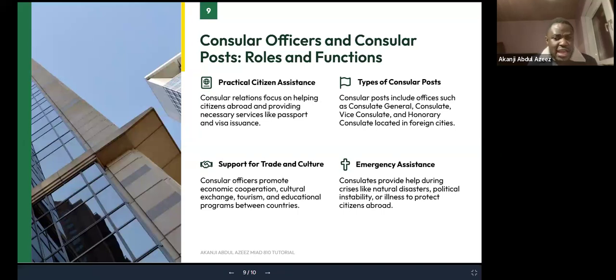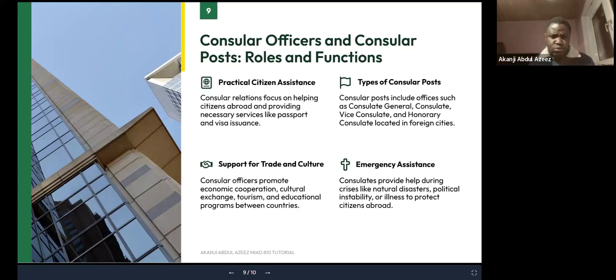Another function of the consular officers is promoting trade and investment. They don't only protect the citizen, they don't only issue passports, they also promote trade and investment. We did that one in module one.